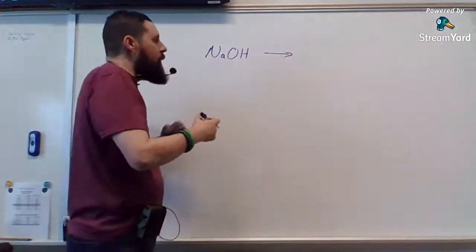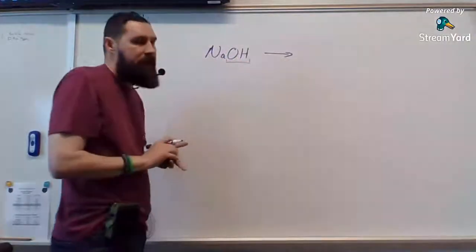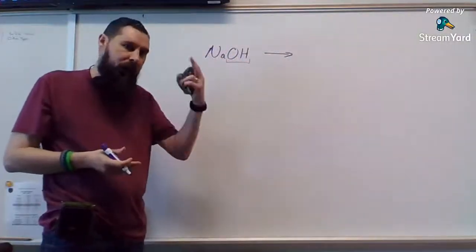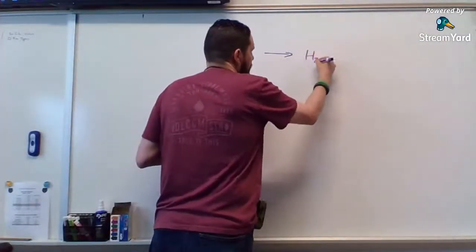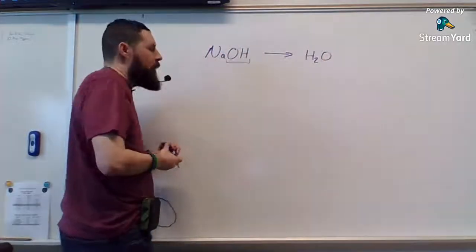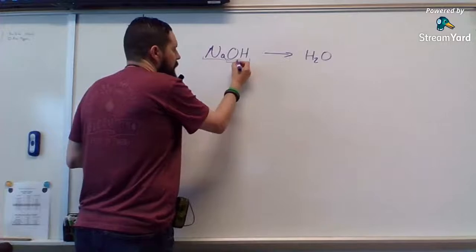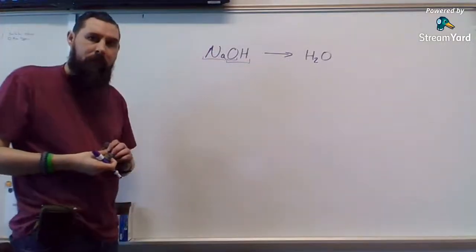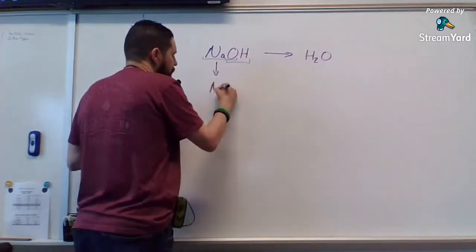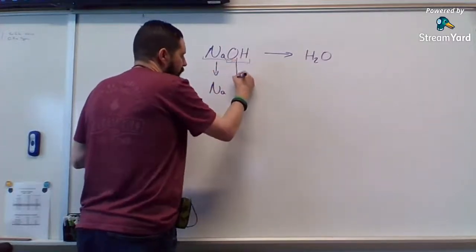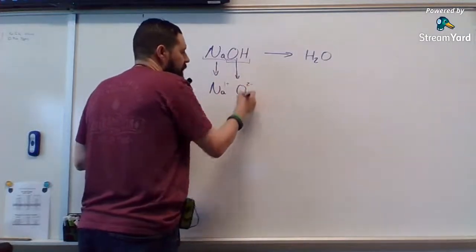So when I look at this, when I see the OH group on there, that's my little trigger to remember that one of my products is going to be that of water, and my other product is going to be the combination of my metal and oxygen. So as a result, I'm going to take that sodium as Na, that oxygen as O, and like always, look up their charges.